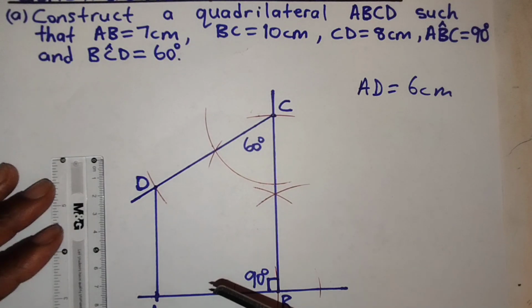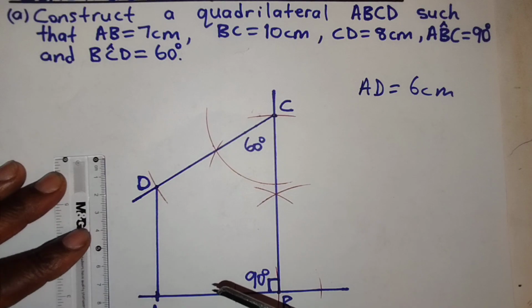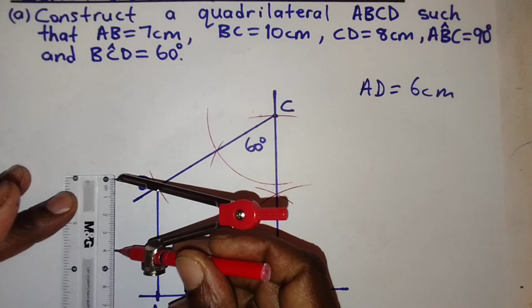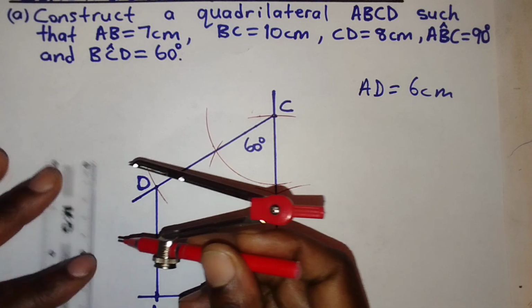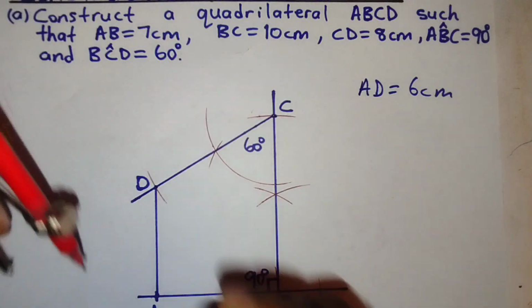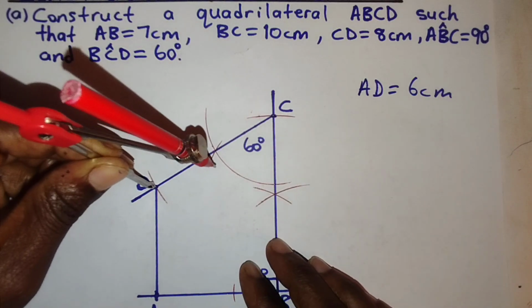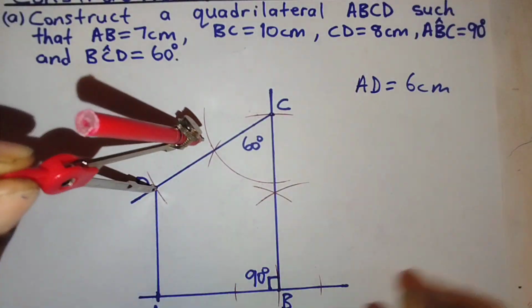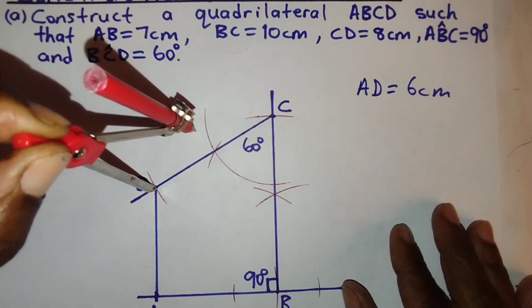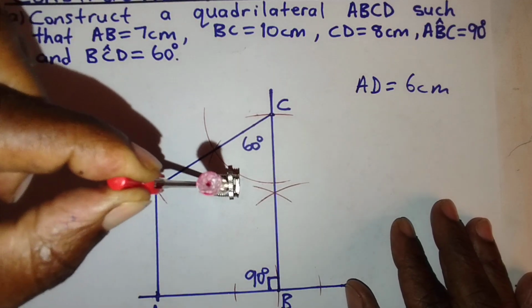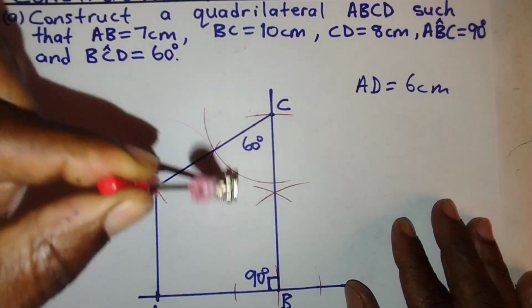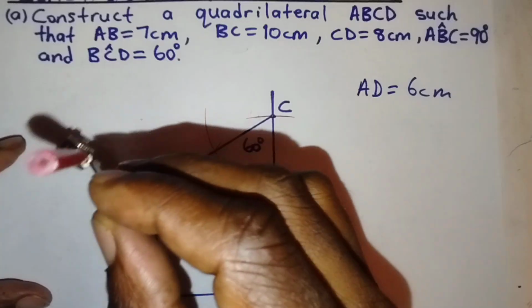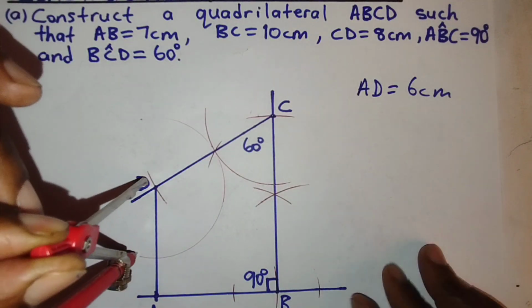Then I want to construct the locus of points 4 centimeters from D. So I'll measure 4 centimeters using a ruler and compass like this. Now with D as my center, since I want to construct the locus of points 4 centimeters from D, I'll draw a circle whose radius is 4 centimeters.